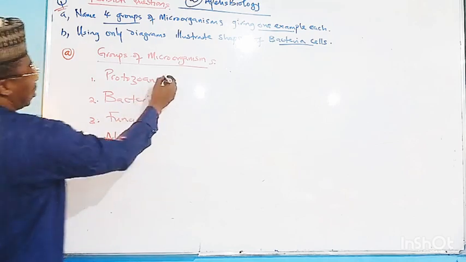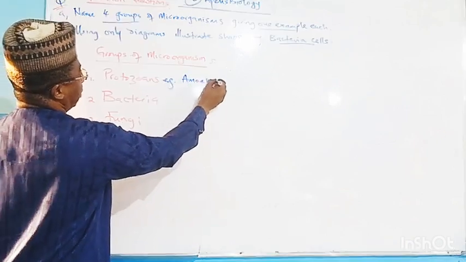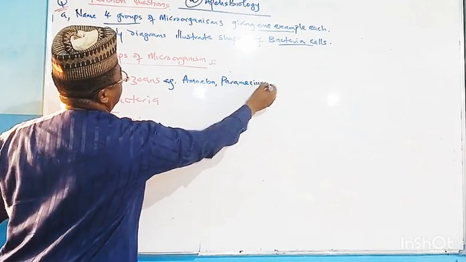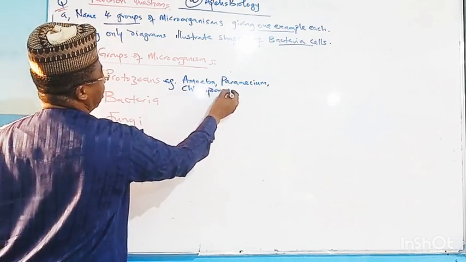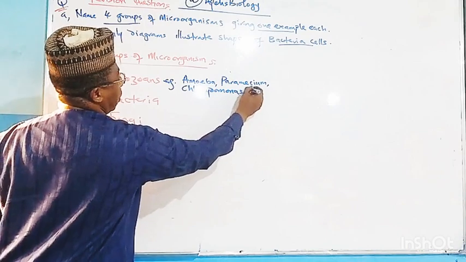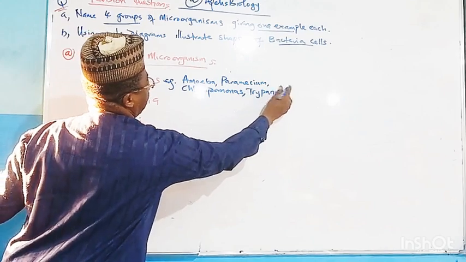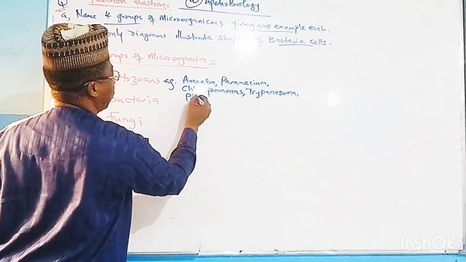Now for protozoans, the examples can be organisms like amoeba, paramecium, chlamydomonas, trypanosoma, and plasmodium.